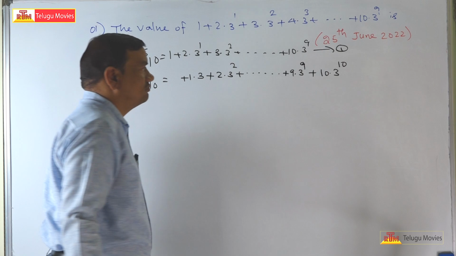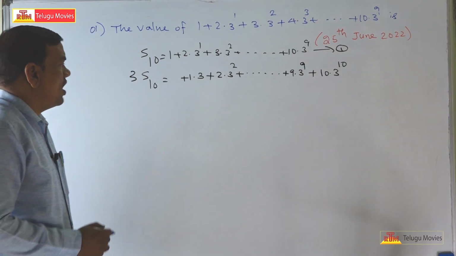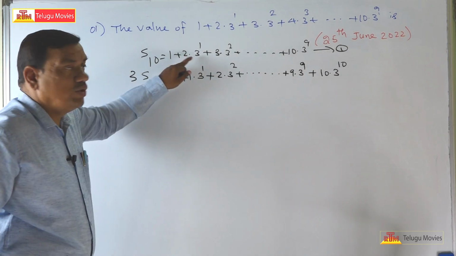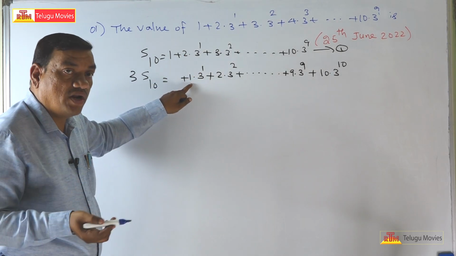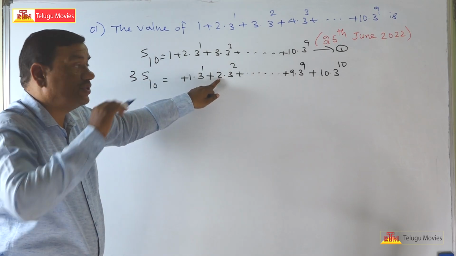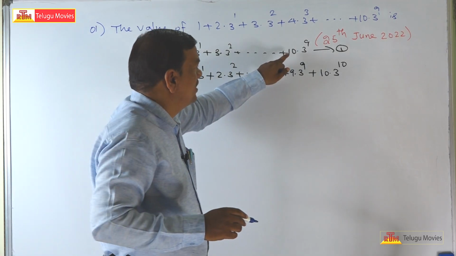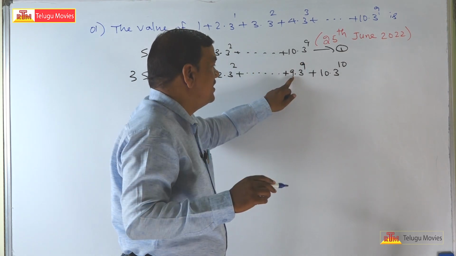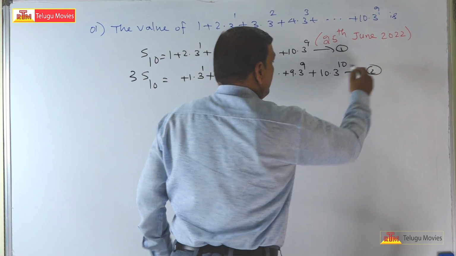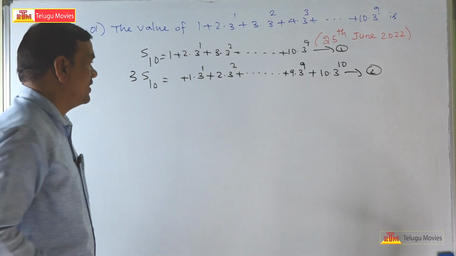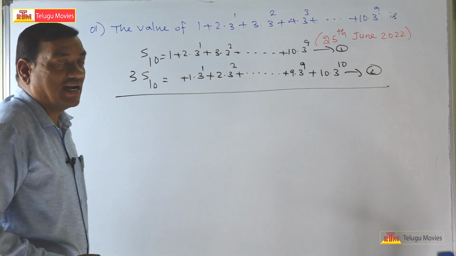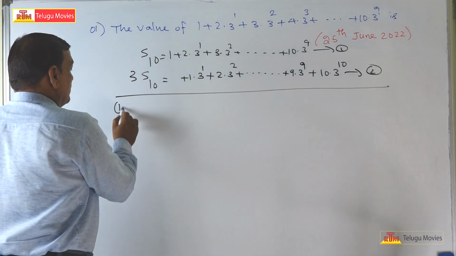Now observe: 1 into 3 power 1 here, 2 into 3 power 1 in the first; 2 into 3 square here, 3 into 3 square in the first; 9 into 3 power 9 here, 10 into 3 power 9 in the first. So what do you observe? The difference is 1.